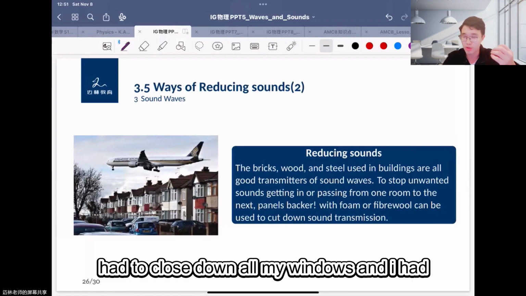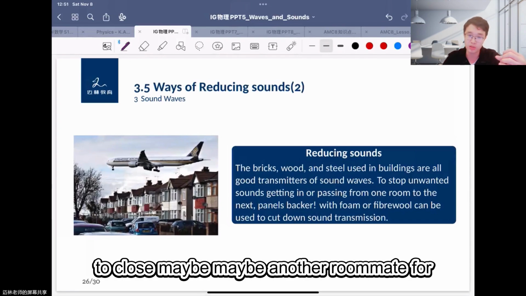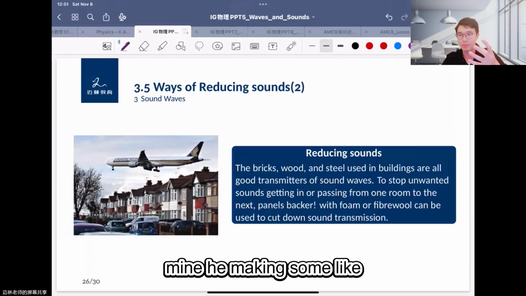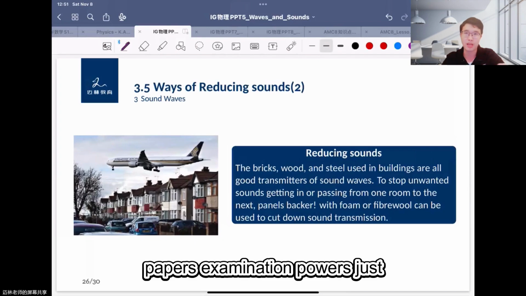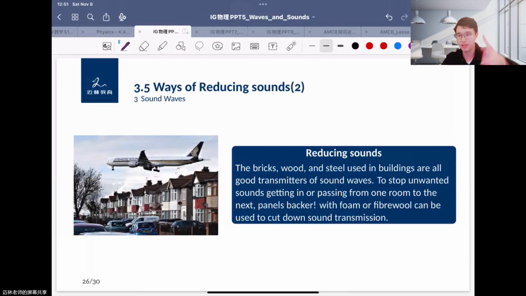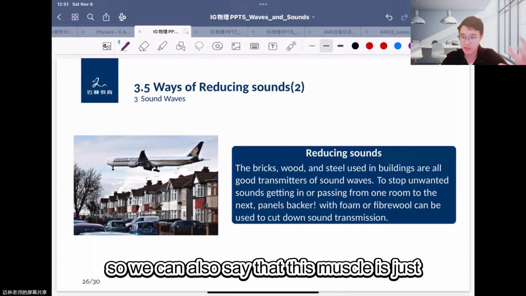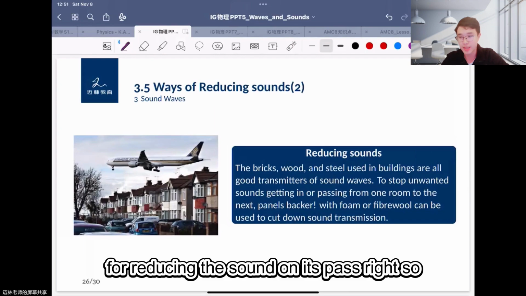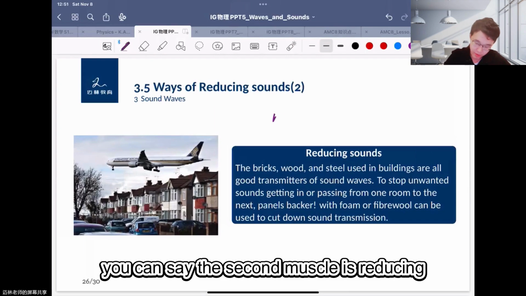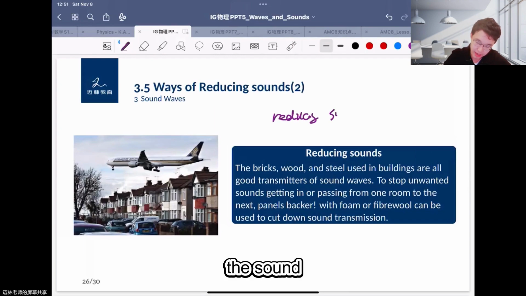Every night I had to close all my windows, and my roommate used some papers and towels, putting them in the places of the two windows, to stop the airplane sound. So we can say that this method is reducing the sound on its path, right? So the second method is reducing the sound on its path.